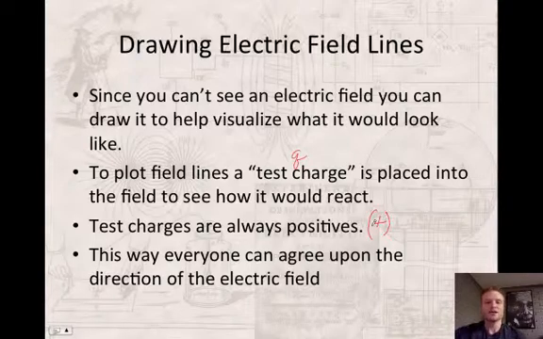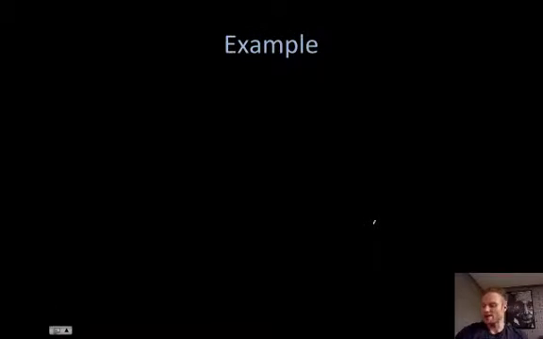Okay, so let's just do a little example of that. Here is a source charge, which in the previous video I called this big Q. And I'm going to make this source charge be negative initially to start. Okay, if I were to say put a positive test charge here, which is little q from the previous video, I'm wondering what would the direction be of the force on this positive test charge.